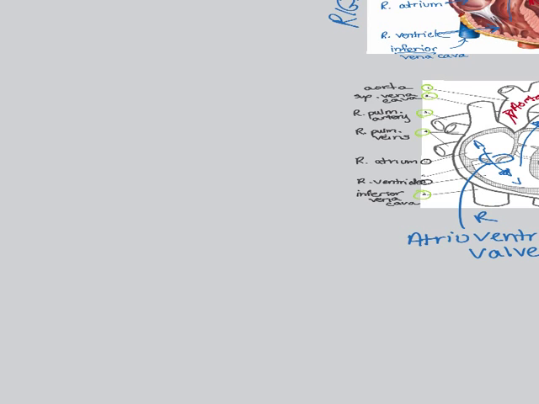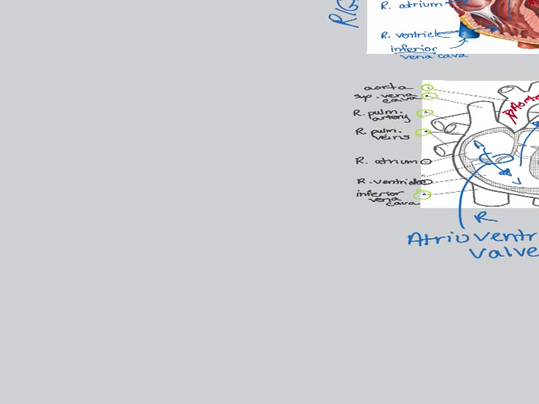And similarly, we're going to name the two valves going to the pulmonary artery and aorta using the right or the left nomenclature. However, in this case, it is a little bit different. They're called semilunar valves. So let me get that going, and I'll write it down here.